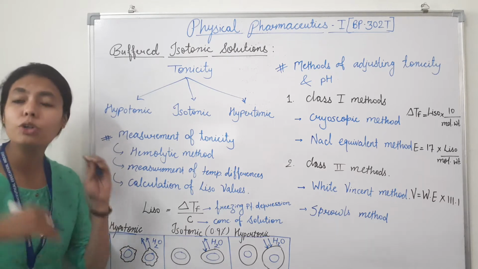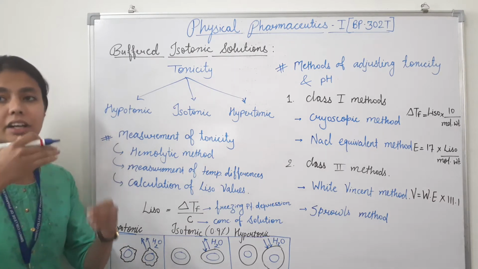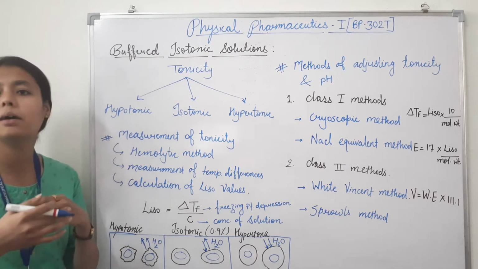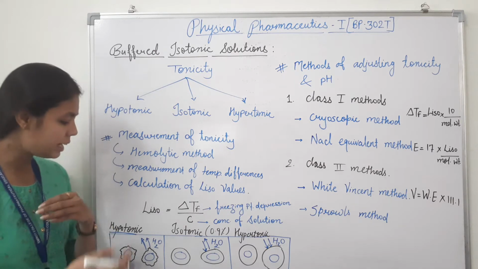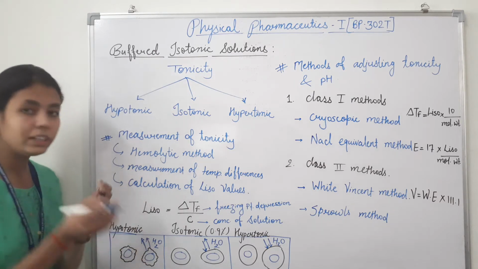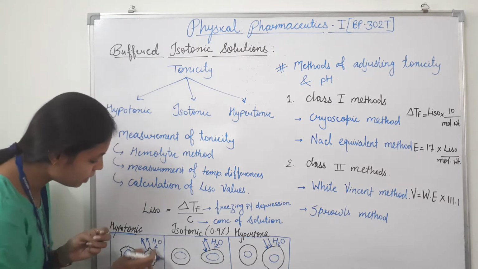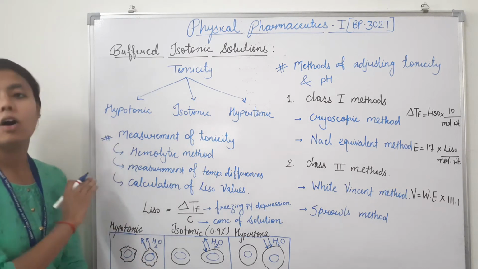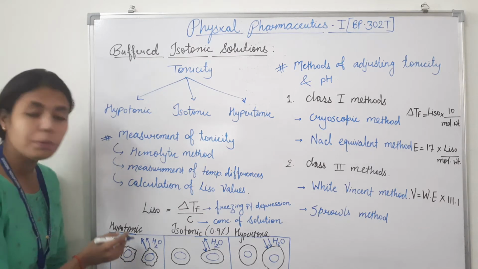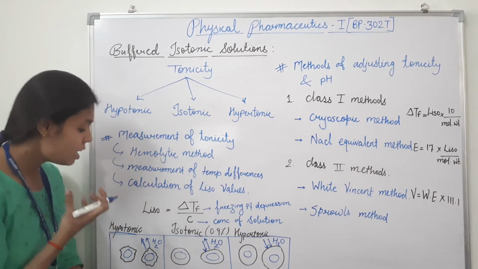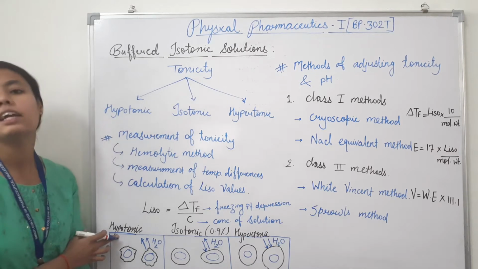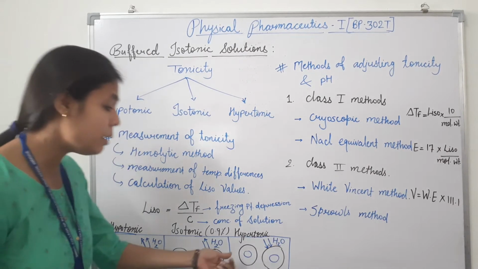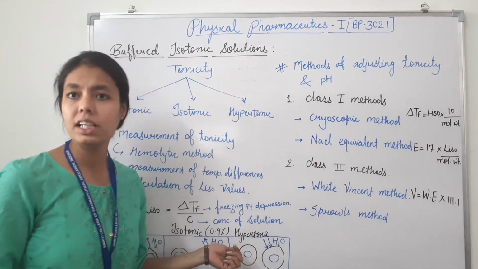To dilute that concentration and to maintain the equilibrium inside and outside the cell, the water from the cell comes outside to maintain the osmotic pressure. In this case, cell shrinkage will occur.